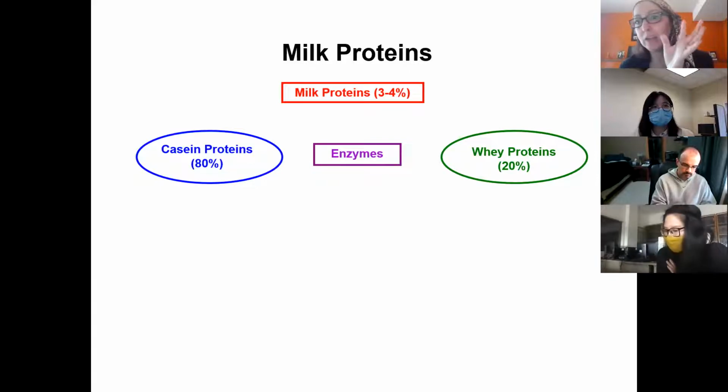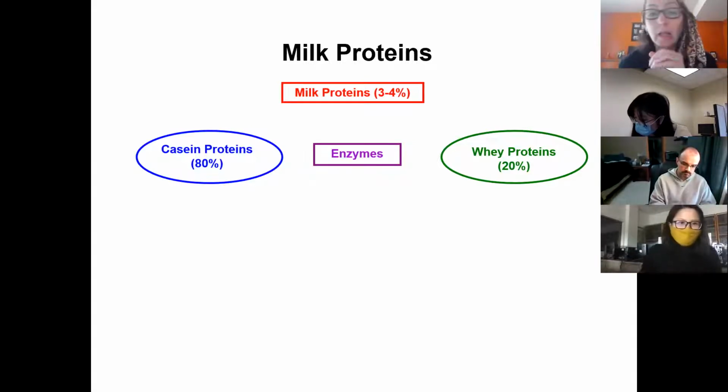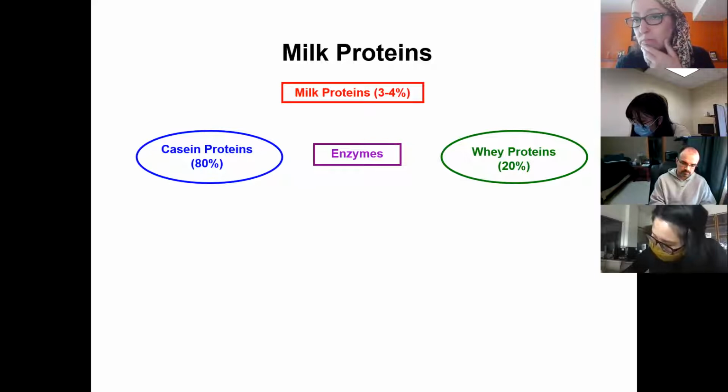So you don't have a really high percentage of protein when you talk about liquid milk. It's mostly water, right? 87% water. But when you look at the protein component, 80% of that is casein, and whey represents the 20%. The other minor proteins are too small an amount to contribute a significant percentage.